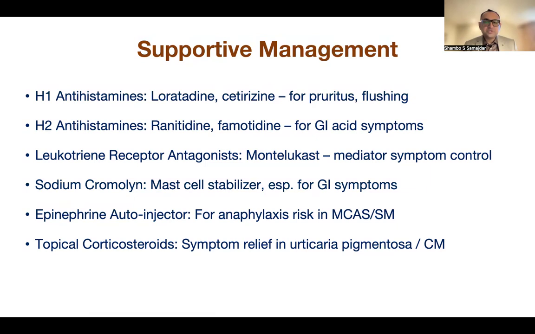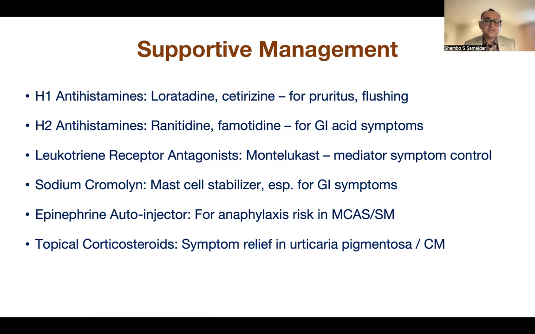Sodium cromolyn, which is a mast cell stabilizer, was found to be very helpful in GI symptoms. And epinephrine auto-injectors: training in the use of epinephrine needs to be provided for patients with mast cell activation syndrome or systemic mastocytosis.